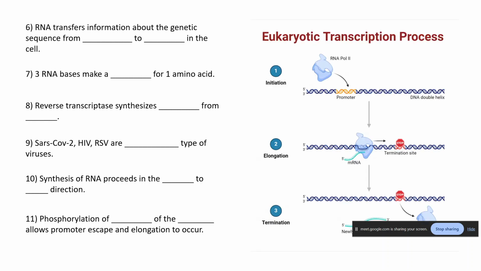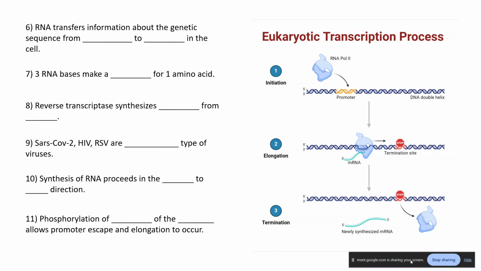Okay. So this is the eukaryotic transcription process, just a very simplified form of it. This RNA pol 2 comes, binds to the promoter, and then you have this mRNA that starts forming. However, it's only able to move away from the promoter and keep elongating this mRNA, moving along the DNA and reading more of it, once it has been phosphorylated in the CTD.